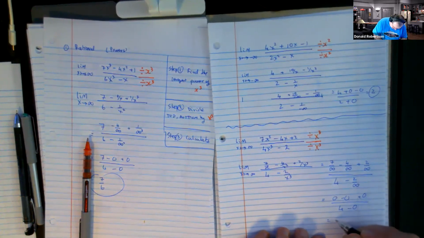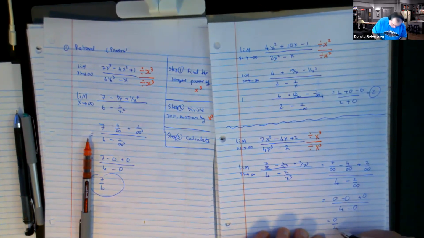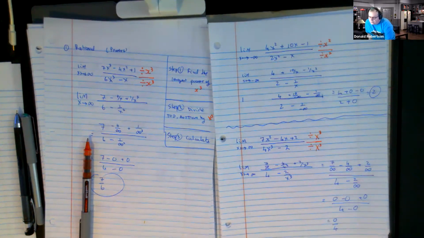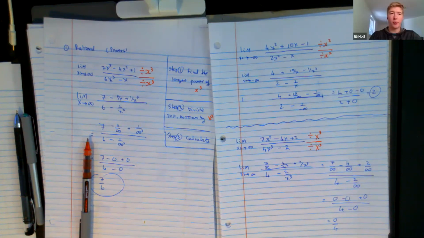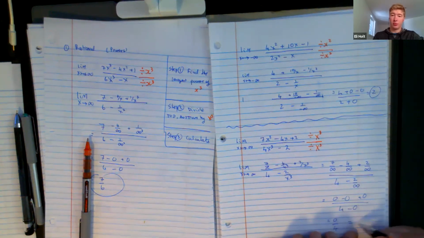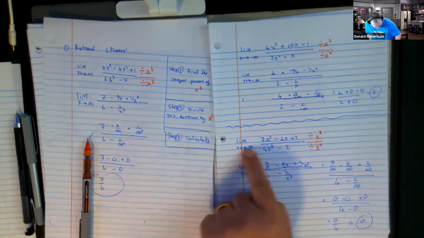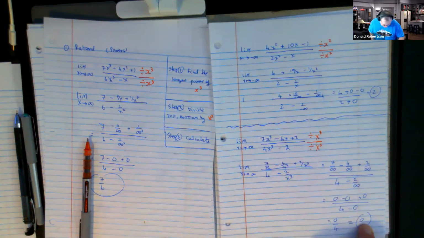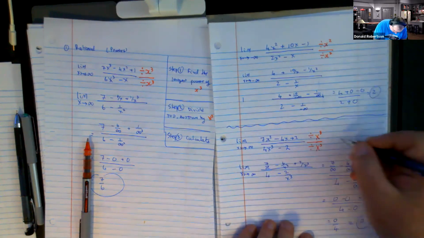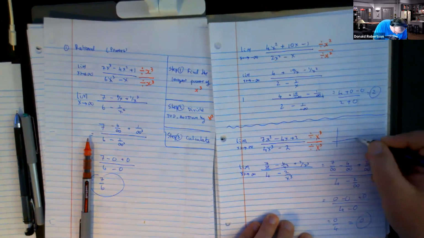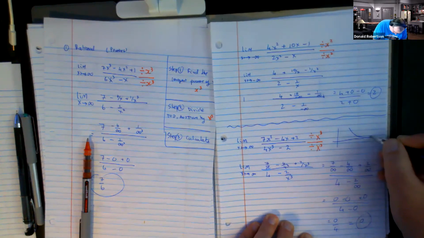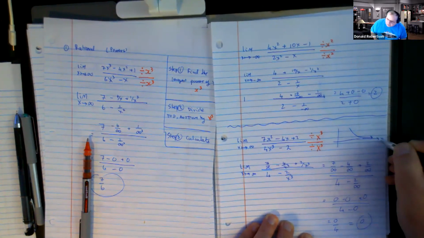At the end of the day, we got that. What is that equal to? 0. And there's your answer: the limit of this function as x tends to infinity is 0.